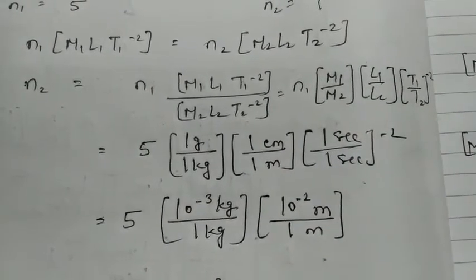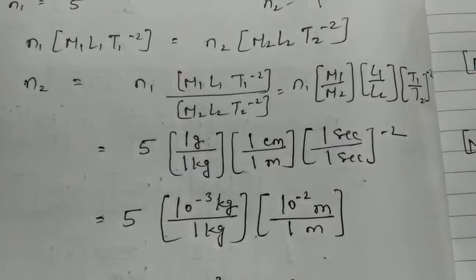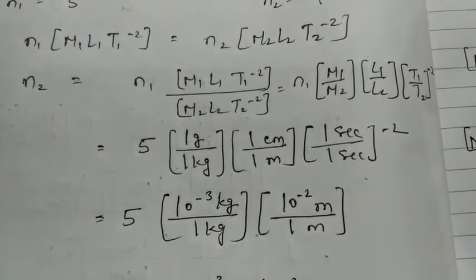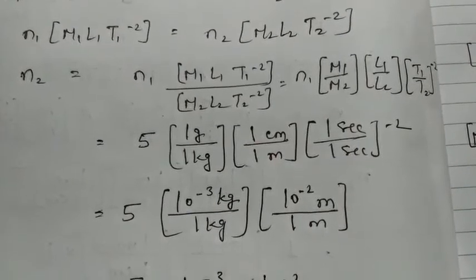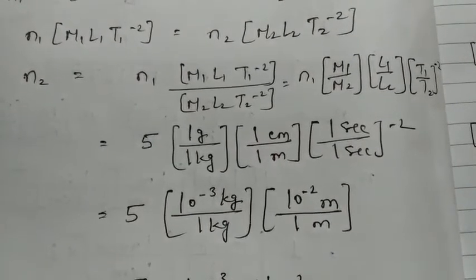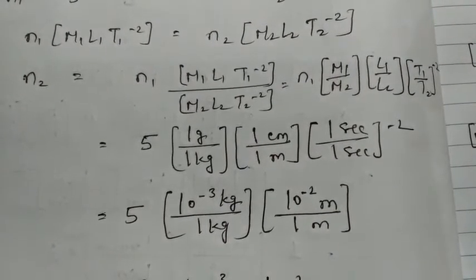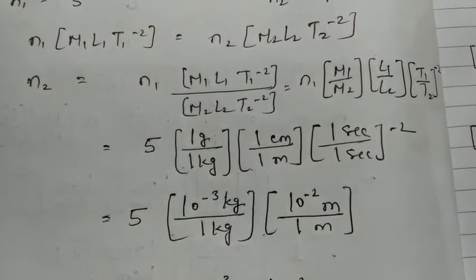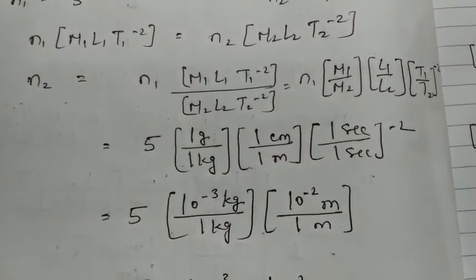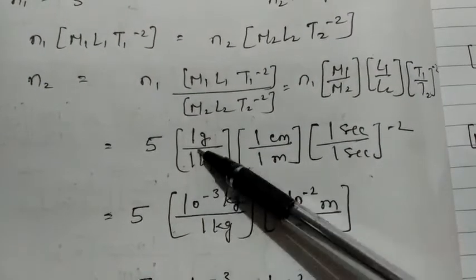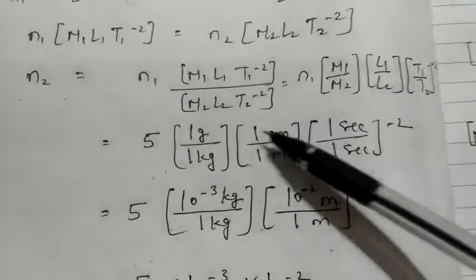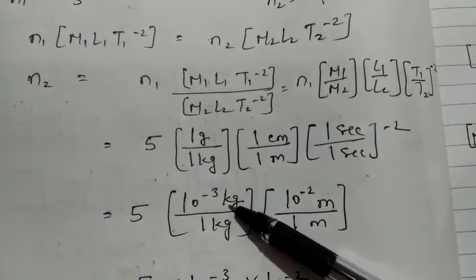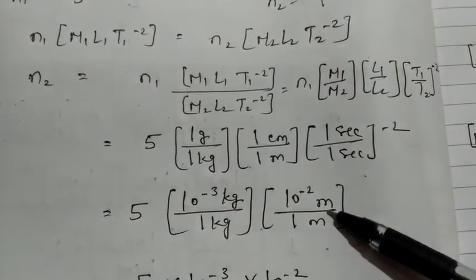In the previous question also we did the same. We have to convert the known units into the unknown ones. Here the known belongs to the CGS system and the unknown belongs to the SI system. So these are gram, centimeter in the CGS system. We have converted them into kilogram and meter, that is in the SI system.